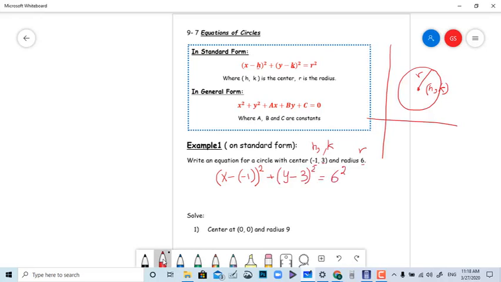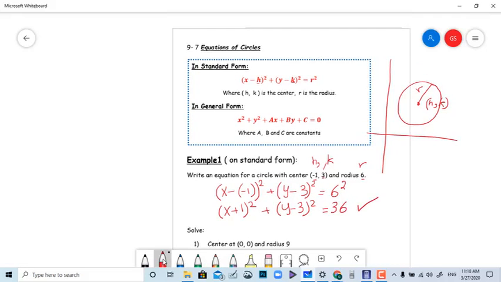Now we'll put it in the final form. It will be x, minus times minus is a plus, so (x + 1)² + (y - 3)² = 36. And this is my equation.